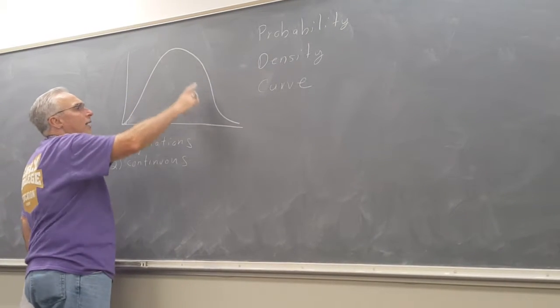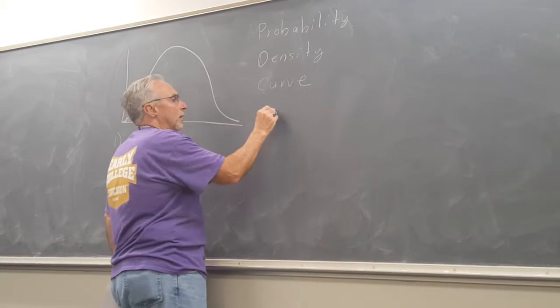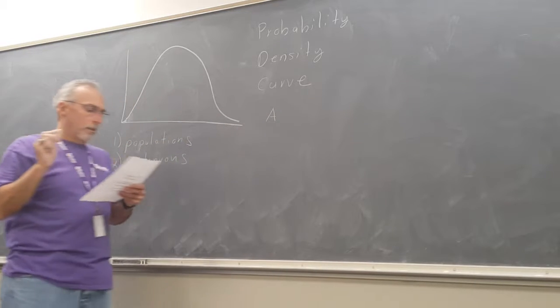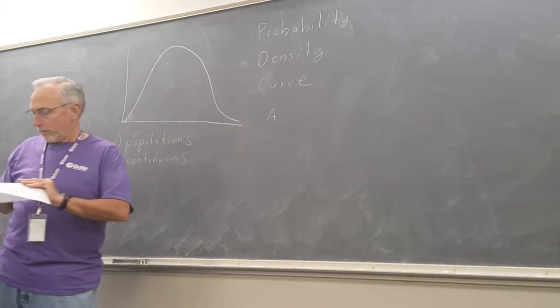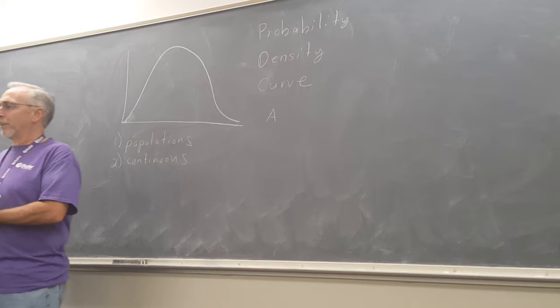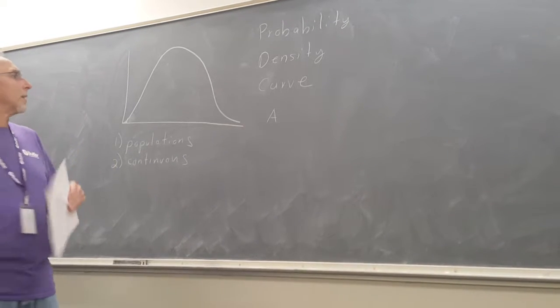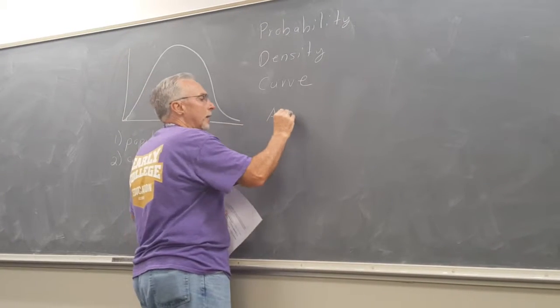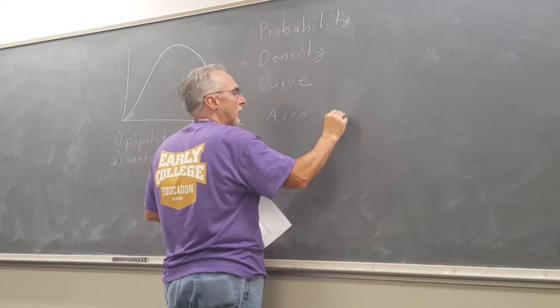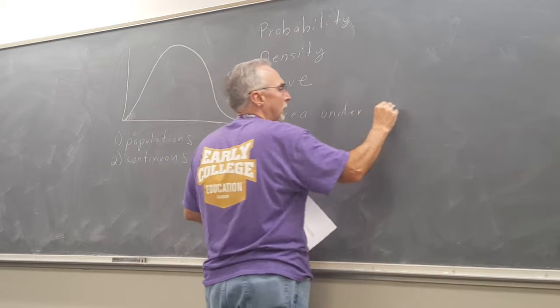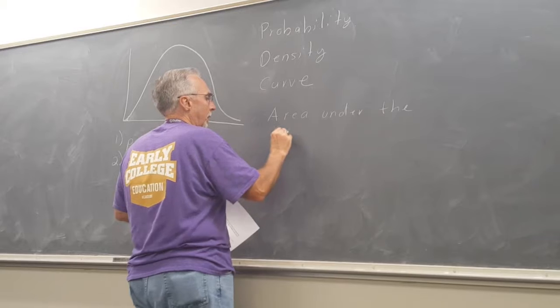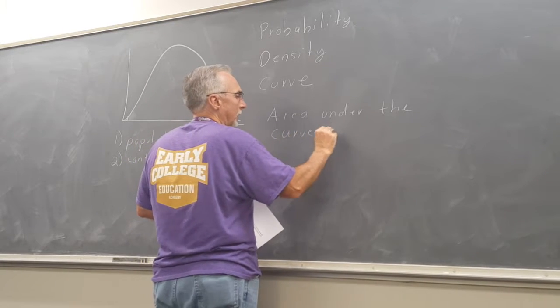Now, in this section, and actually in chapter 6, if you look at this entire curve, and you can put this on your second page, the one that says for continuous, the first 2 words: the area under the curve equals 1.